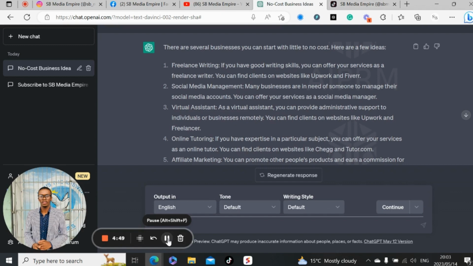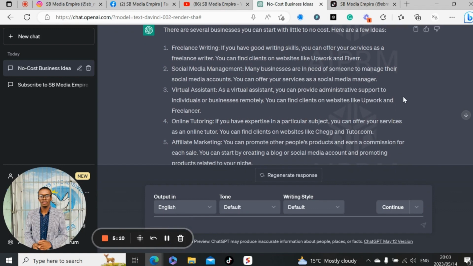That's the first one. The second one, social media management. Now this one, it's actually something that I also need in my agency. A person that could manage everything for me, in terms of the management side.